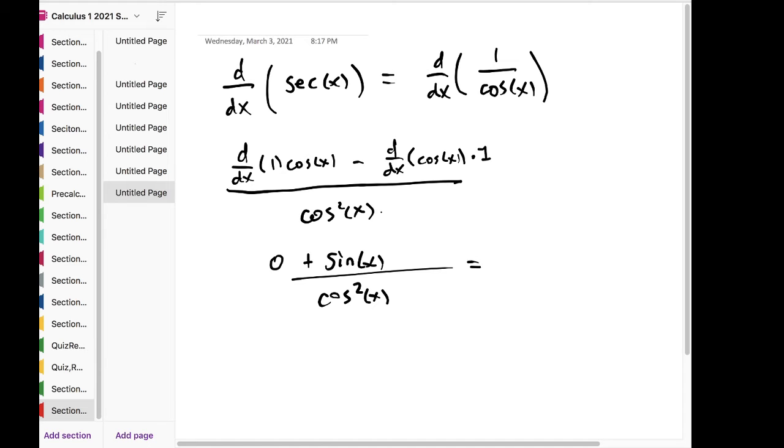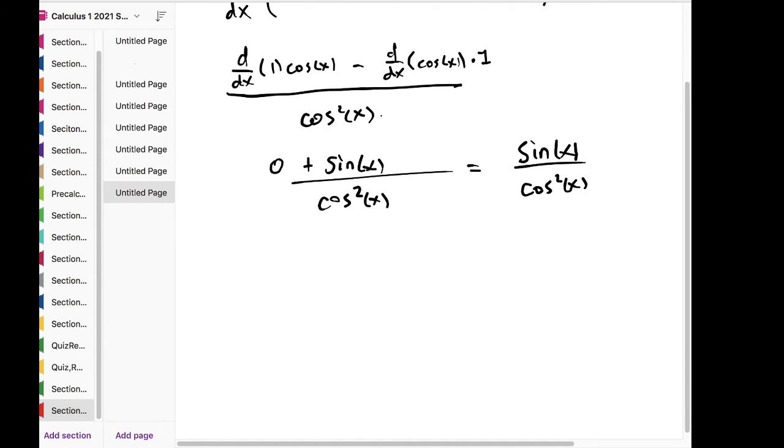Okay, so can you simplify this? Sine over cosine squared. It'll be too complicated to rewrite cosine as 1 minus sine squared. So can you express this as a product of two trig functions with 1 power? Good, sine over cosine, cosine. Okay, good, tangent over cosine.